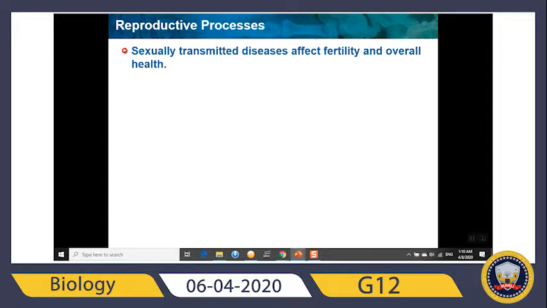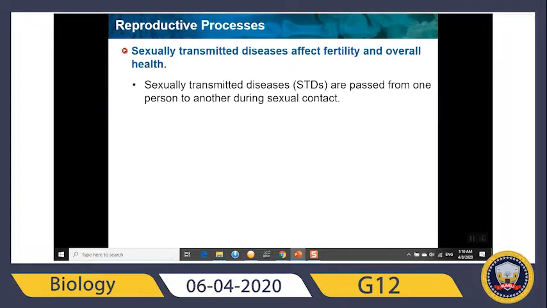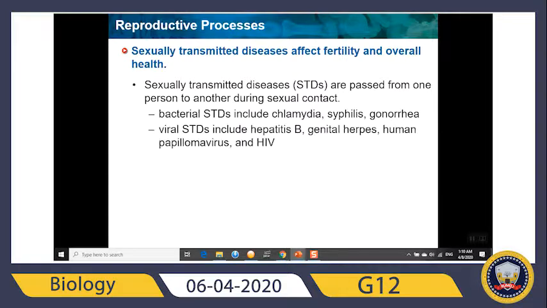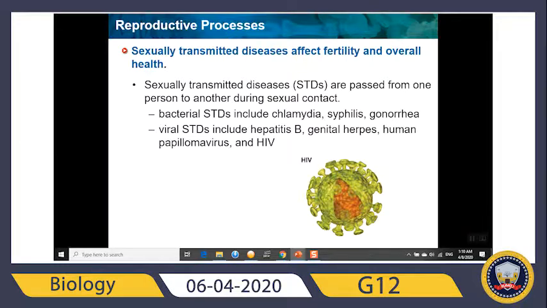We discussed the causes of infertility. Sexually transmitted diseases are passed from one person to another during sexual contact. Bacterial STDs include chlamydia, syphilis, gonorrhea. Viral STDs include hepatitis B, genital herpes, human papilloma virus, HIV. This is the shape of HIV.